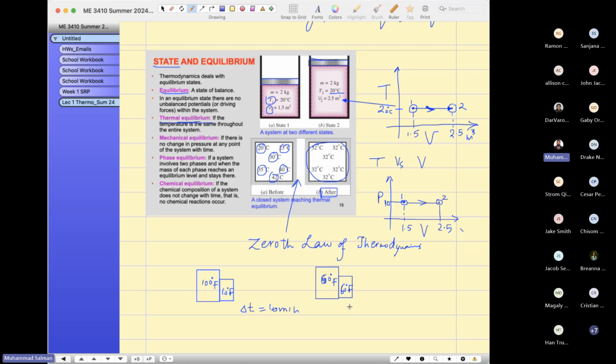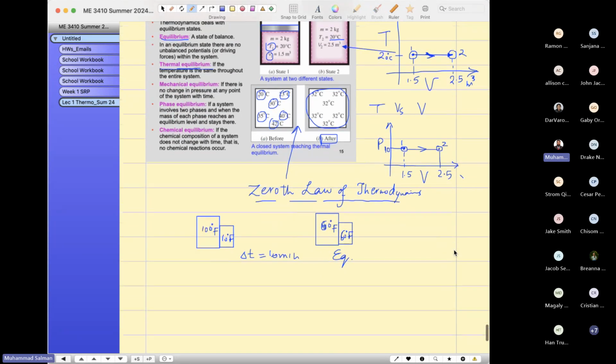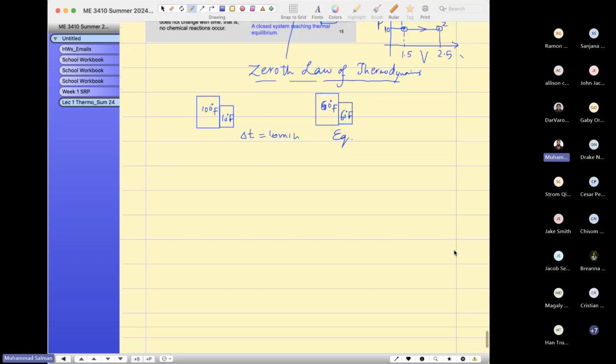For example, this is equilibrium. We call it the zeroth law. So I have taught you three laws today. Zeroth, first, second, there is a third law as well. Third law I will teach you very briefly today, but we will study more.